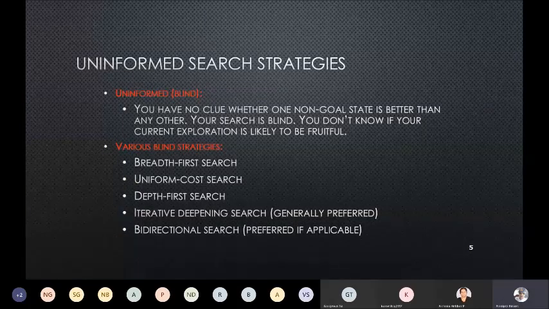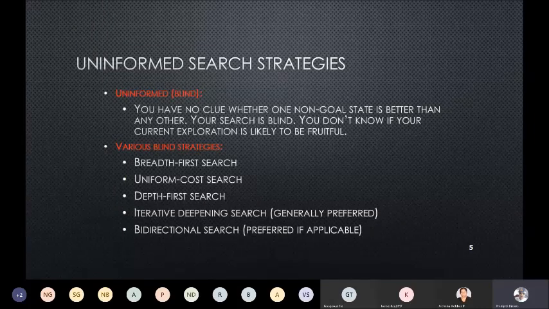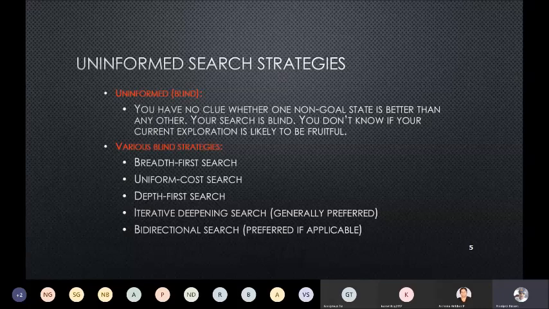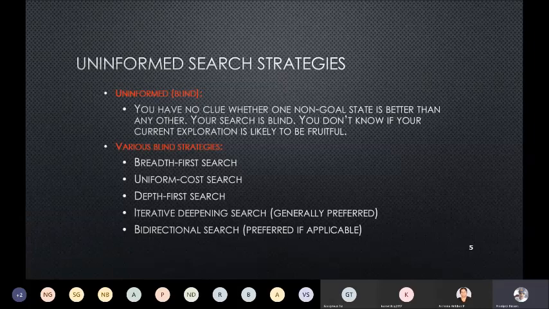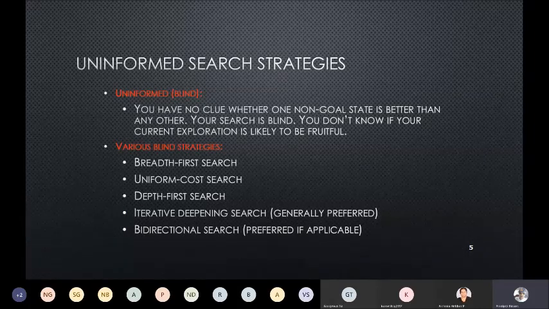If I am trying to formulate my problem and I decide to model it as a state space search, I can use these techniques, breadth first search, depth first search, without any extra information other than the states and my operators. That is the benefit of uninformed search strategies: they can be applied without any domain knowledge about the quality of a state.